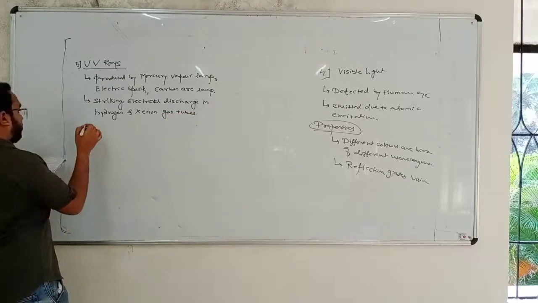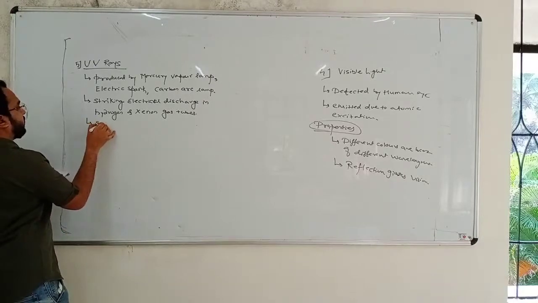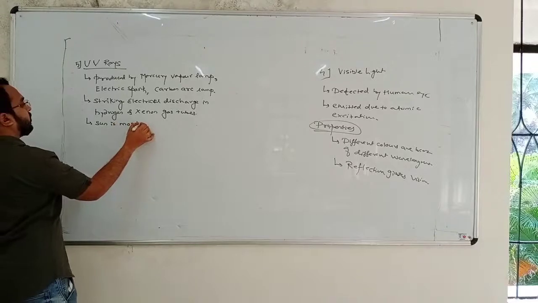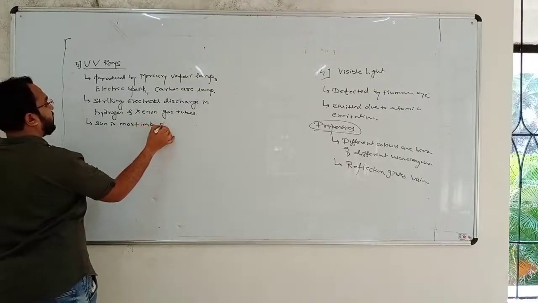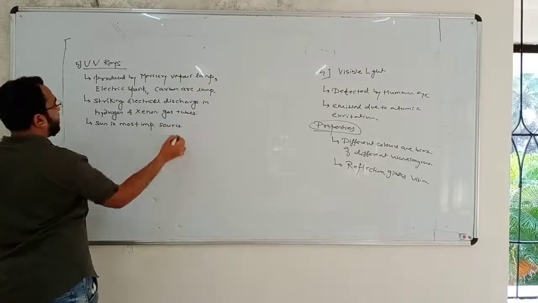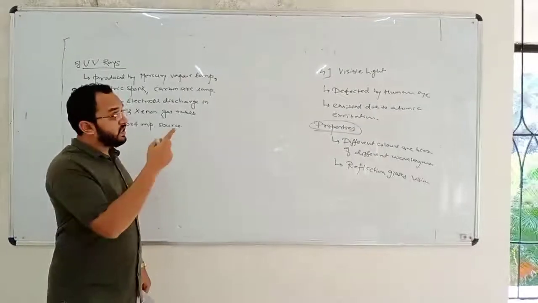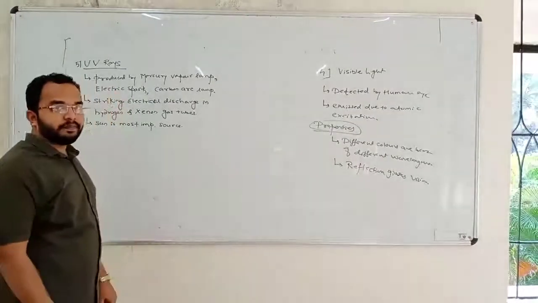The Sun is the most important source for the three: infrared, visible and ultraviolet.